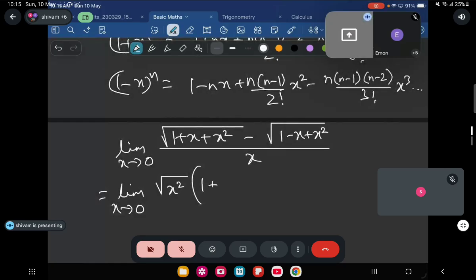We'll get 1 plus 1 by x plus 1 by x square, whole to the power half, minus, over here also root over x square common, 1 minus 1 by x minus 1 by x square, whole to the power half.